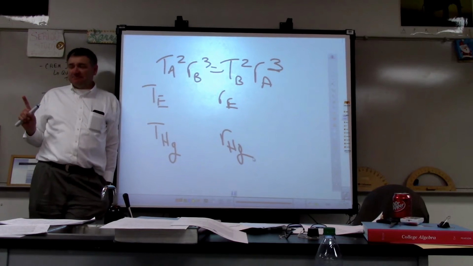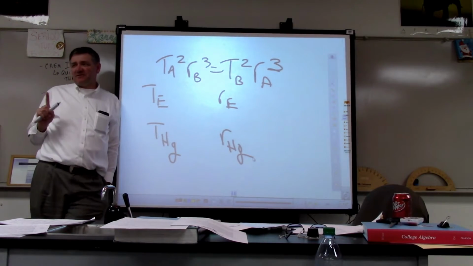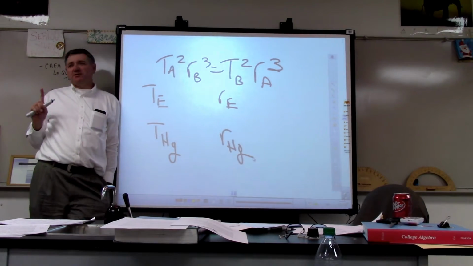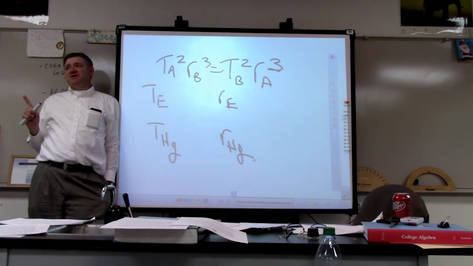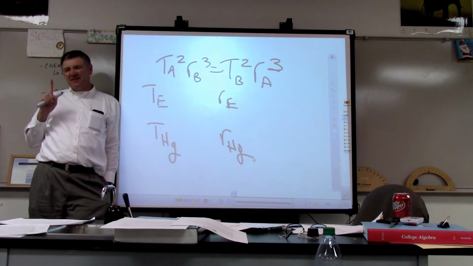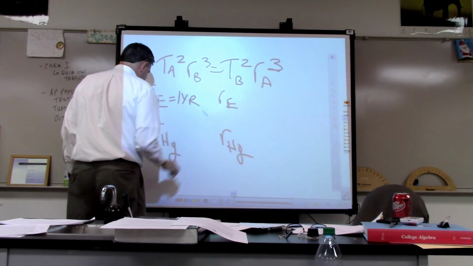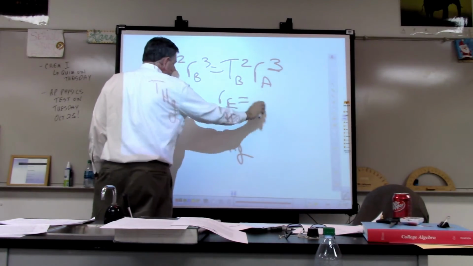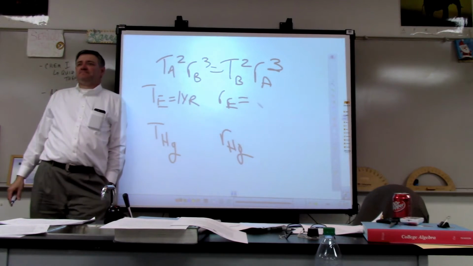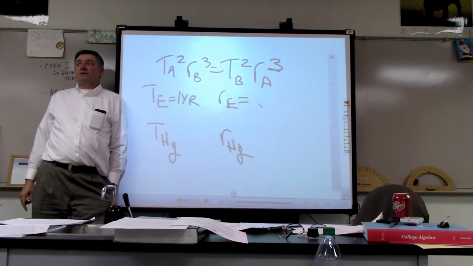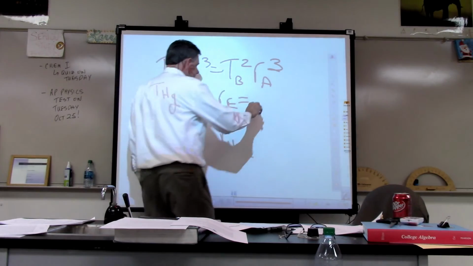Now, if you're clever, what are you going to let the period of the Earth be? 365.25 days or 1 year? Let's go with 1 year, okay? Because that's much easier to work with. What are you going to let the radius of the Earth be? 1 AU, astronomical unit. Okay?